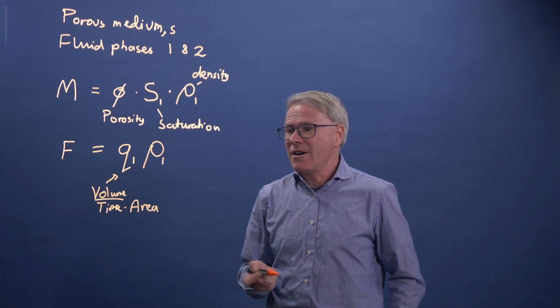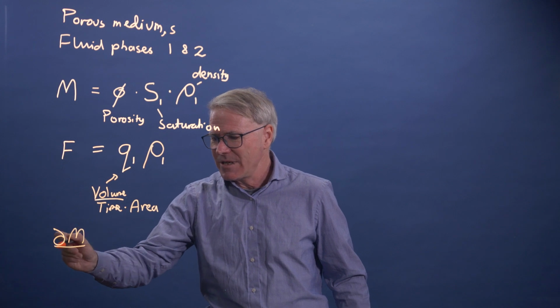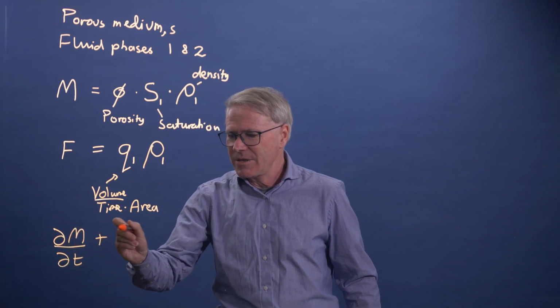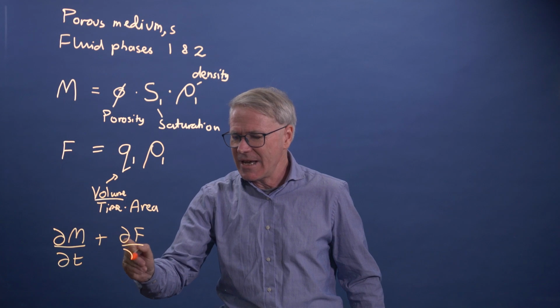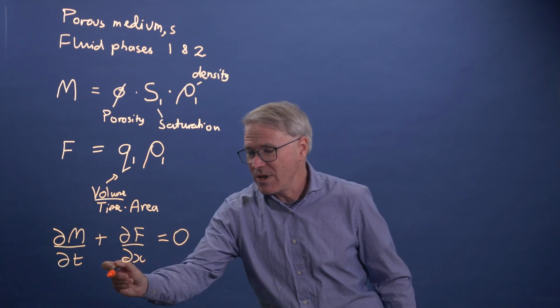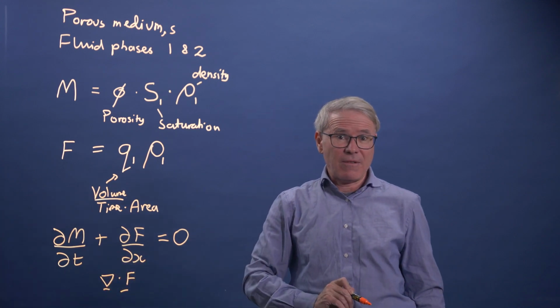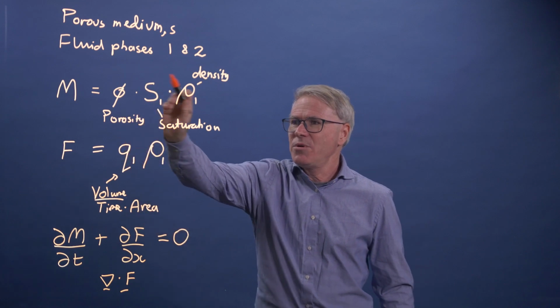Okay, so now when I have my equation here, which is dm by dt plus df by dx equals 0, or if I want it in 3 dimensions, this second term would be the divergence of f. Then I can put this in here.